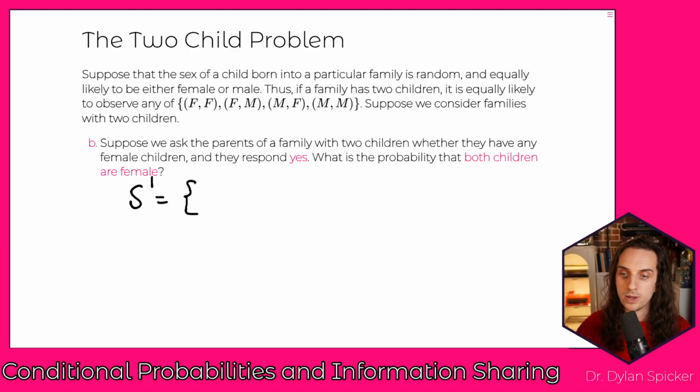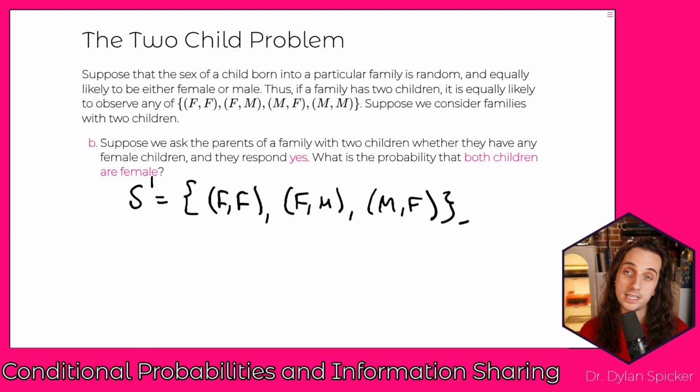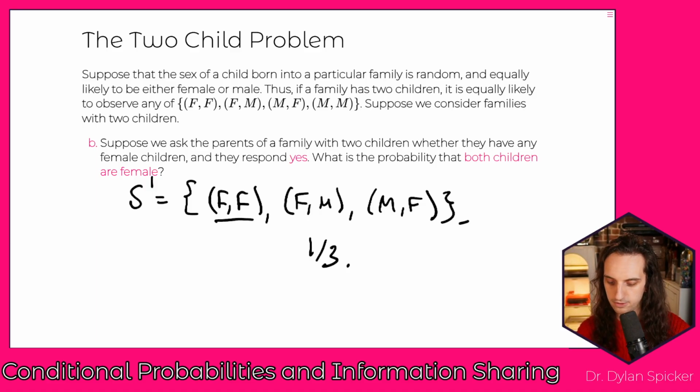We've asked them, do you have at least 1 female child? Do you have any female children? And they say yes. And so we can be in the case where they have a female and a male, or a male and a female. Those are the 3 cases. All 3 of those cases are equally likely. And as a result, 1 out of 3 of them has both female children. So the probability in this case is going to be 1 out of 3.